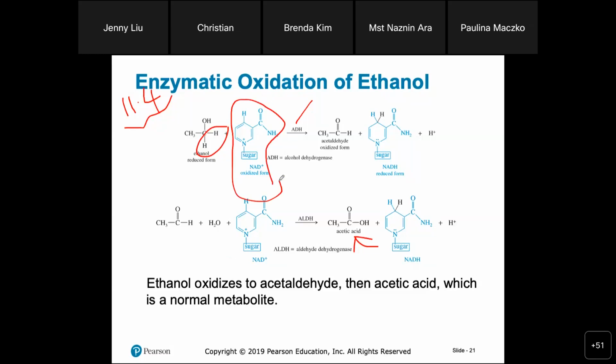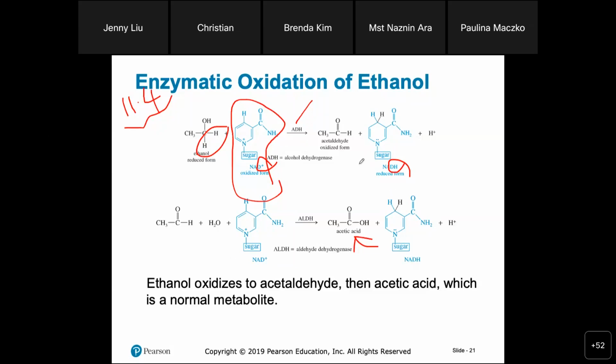You can see the two forms: the oxidized form with the plus sign, and after completing this oxidation, the reduced form, NADH. So with the help of oxidized NAD and the alcohol dehydrogenase enzyme, we can detoxify the alcohol by removing the two hydrogens.